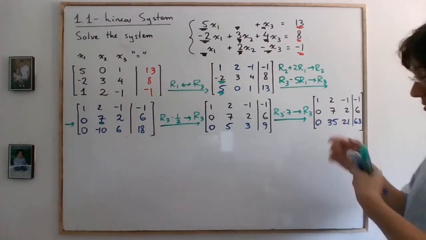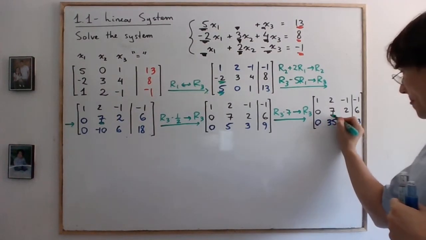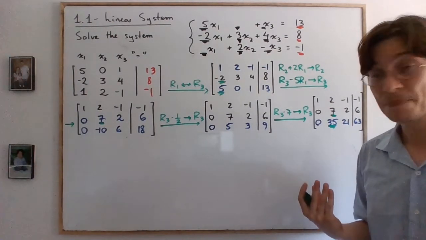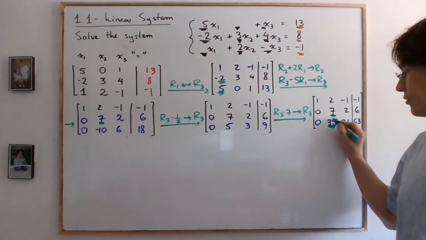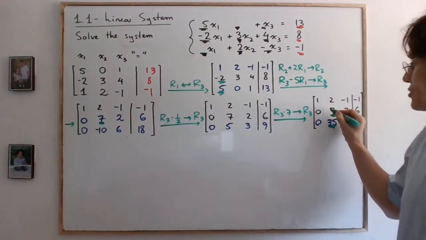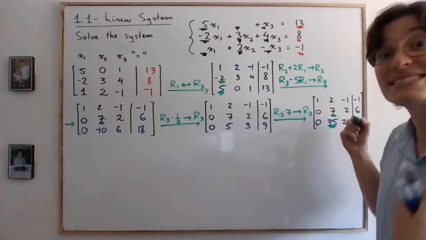Because now, these two numbers are multiples of 7. So knowing that 35 is 5 times 7, what we're going to do is subtract 5 times the second row.